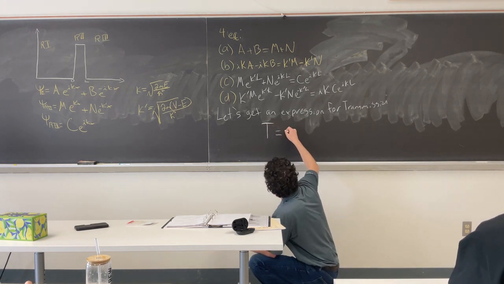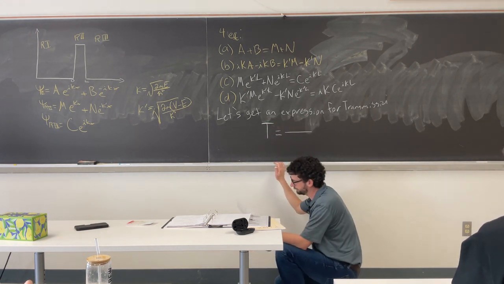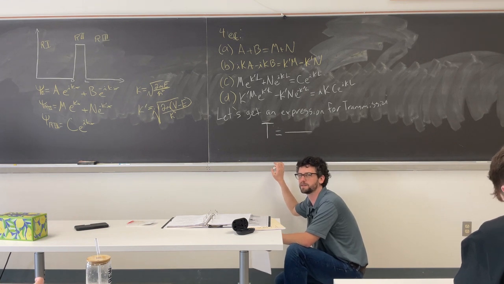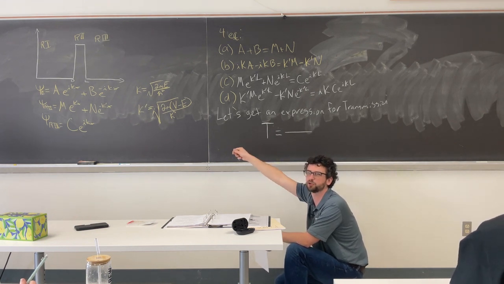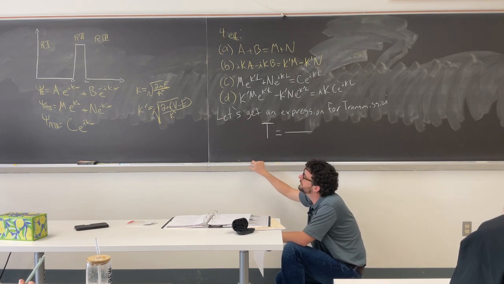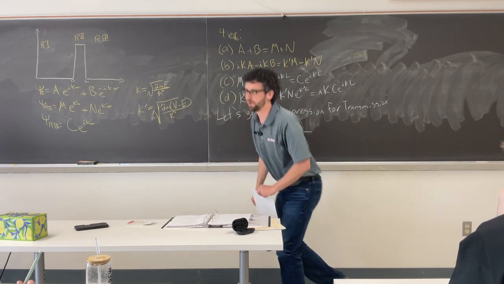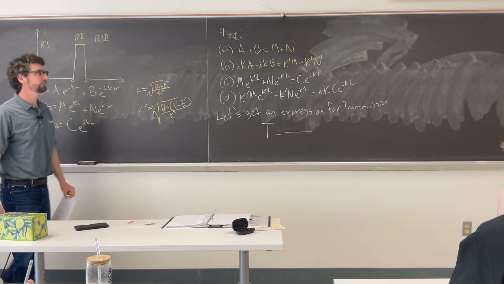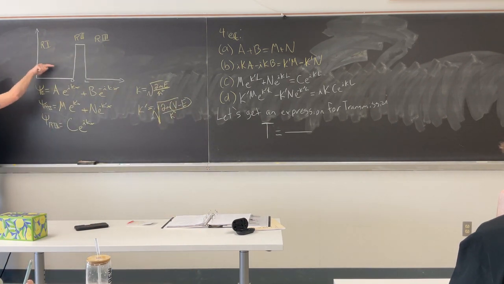So we're going to take T. We want to consider the total number of particles traveling this way. What region is going to get us the initial amount? Yep. And the ones traveling this way, so what do we want to be concerned with?